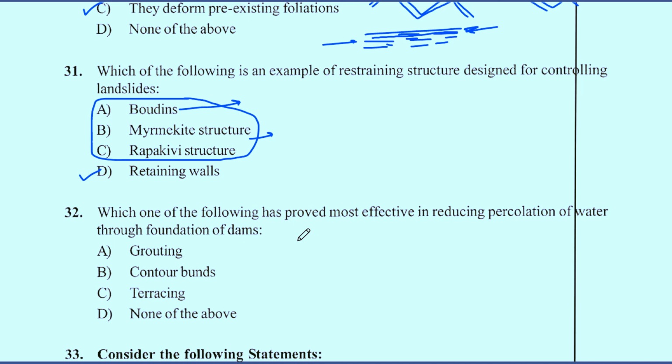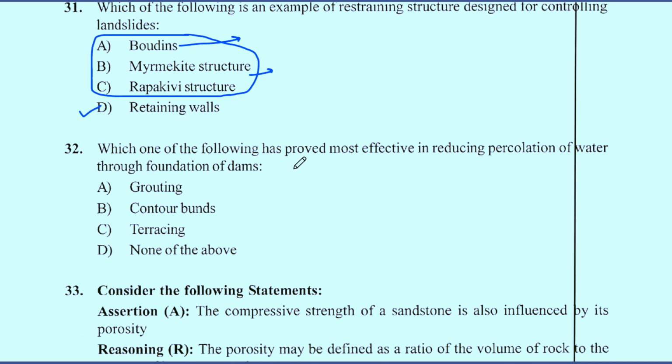Next question is, which of the following has proved most effective in reducing percolation of water through the foundation of dams? Percolation of water means the seepage of water going beneath the foundation. So it is grouting.